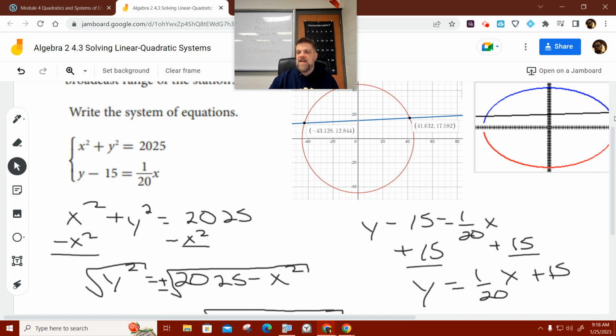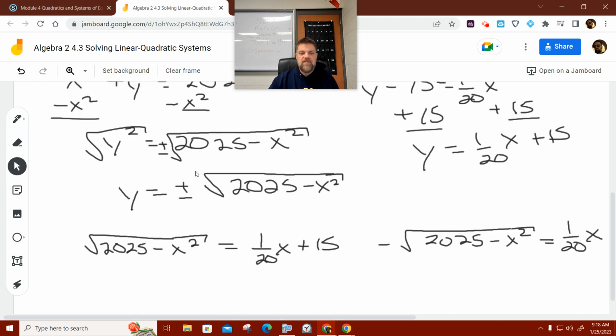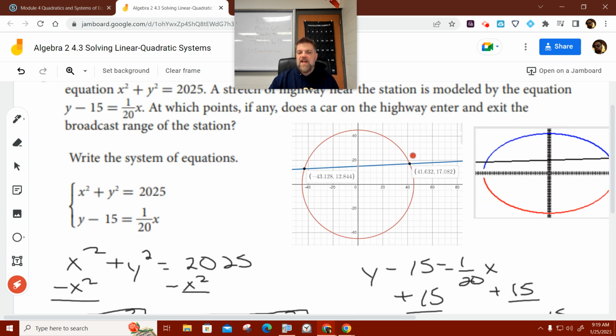So the blue is the positive square root and the red is the negative. We did some algebra and solved for y, okay? So now we believe that 43.632 is one solution and negative 43.128 is the other solution.